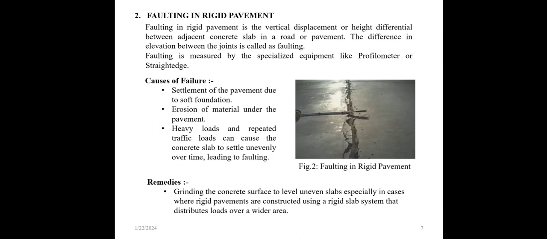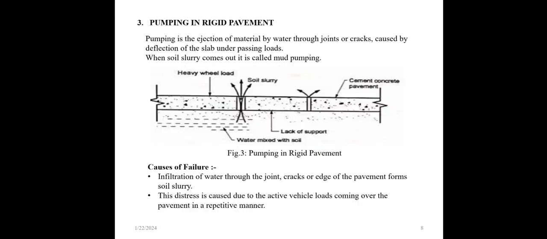Causes of failure: settlement of pavement due to soft foundation, erosion of material under the pavement, heavy load and repeated traffic load can cause the concrete slab to settle unevenly over time, leading to faulting. Remedies: grinding the concrete slab to level the uneven slab.